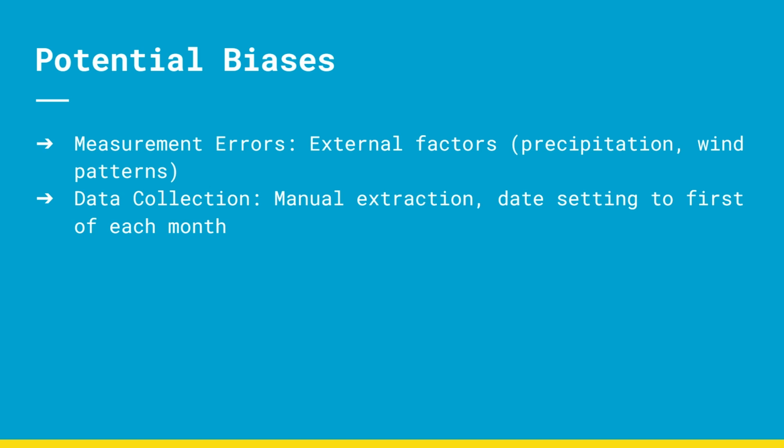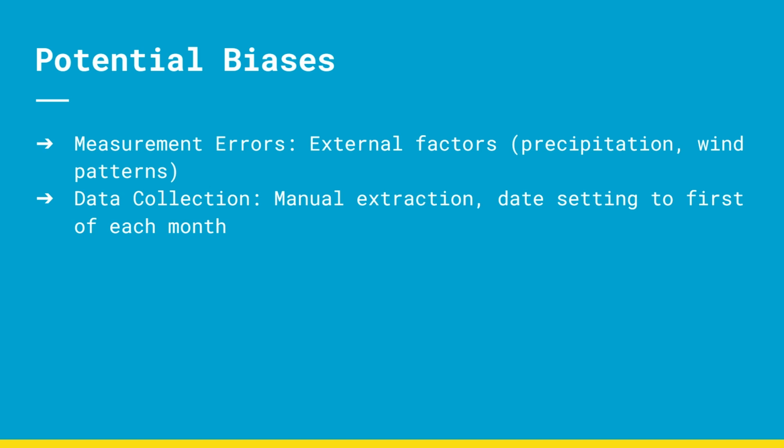Data collection, I did do the manual extraction. There could be a chance I have a point something off. Also, when it's reported at the station, there might be a mishap in reporting. And another note I wanted to make for potential biases was when I collected this data, I set all of it to the first of the month to have it evenly distributed, but I didn't take the specific date that the highest temperature was recorded for that month.